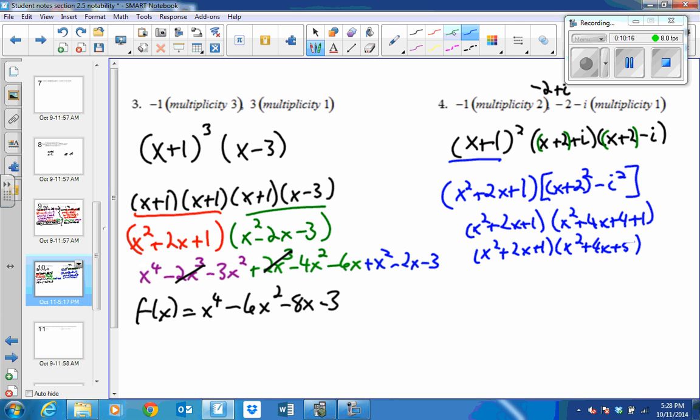So multiply all of that out. First term times everything there is going to be x to the 4th plus 4x cubed plus 5x squared.